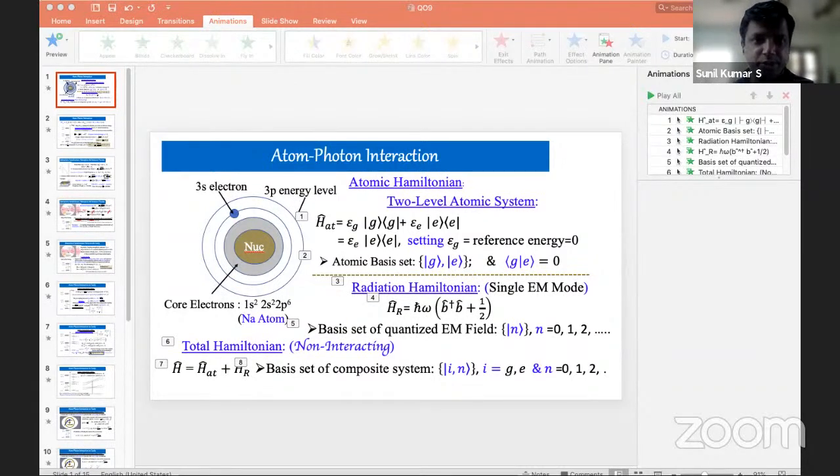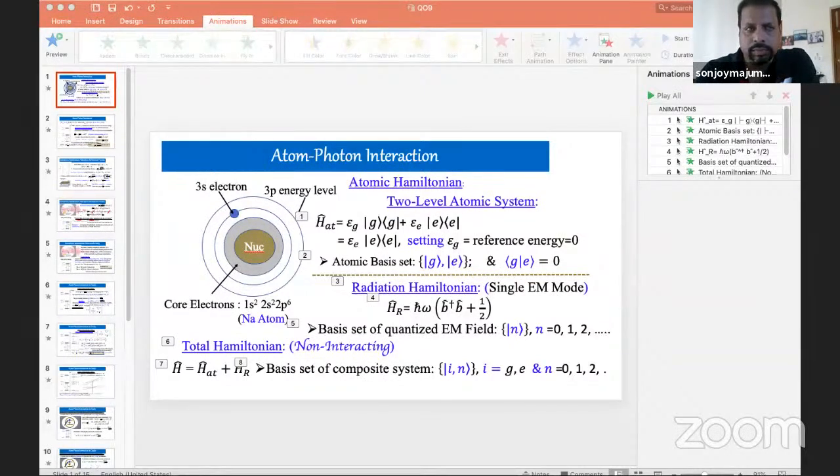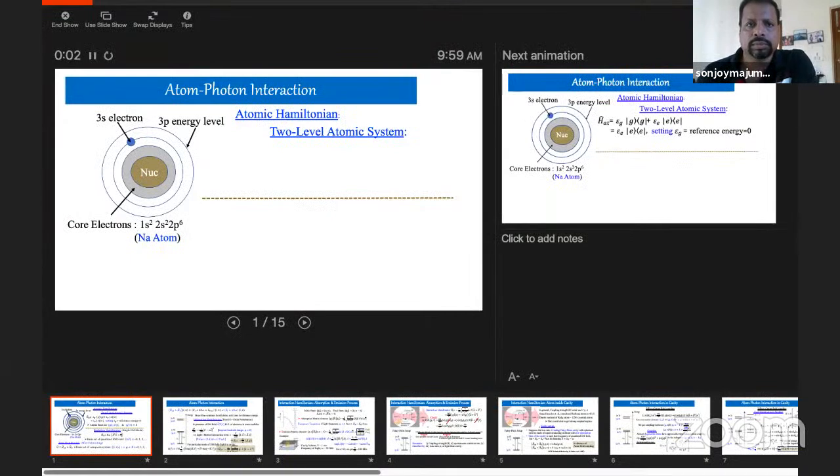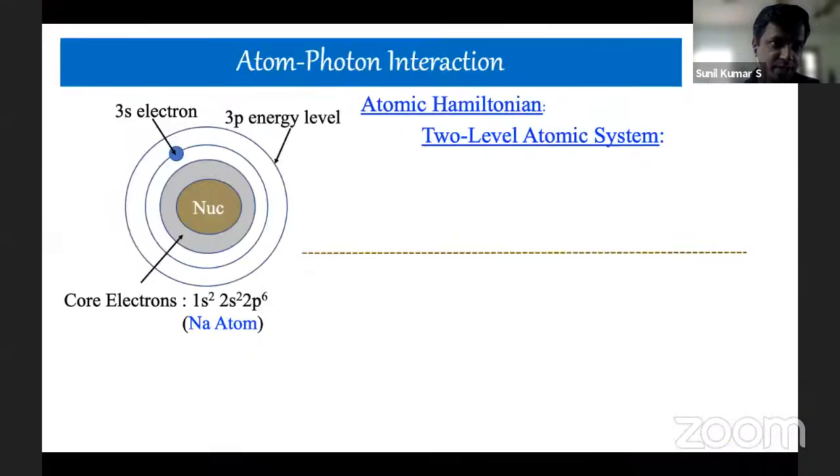Yeah, maybe you can go to the slideshow mode. Okay, now it is the presenter view. Okay, now it is fine.